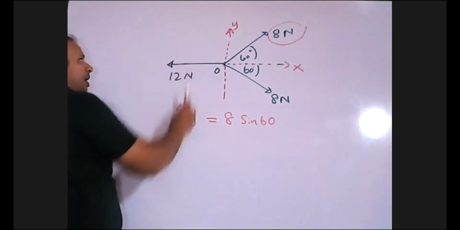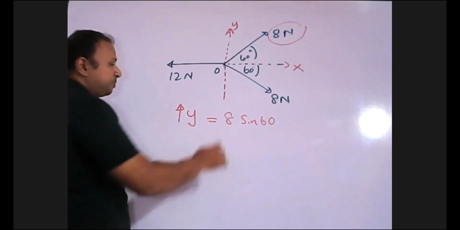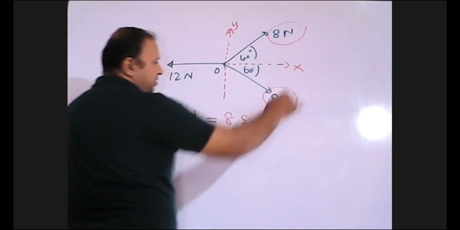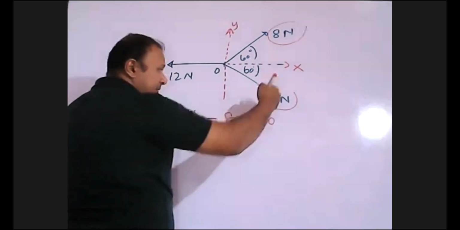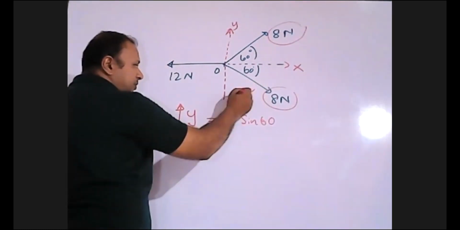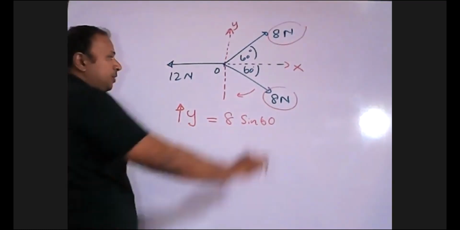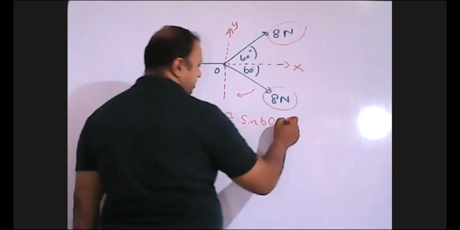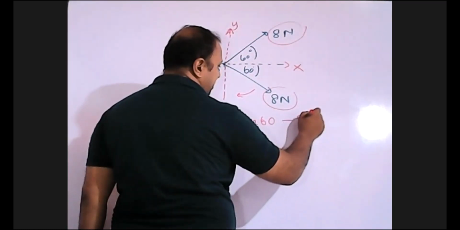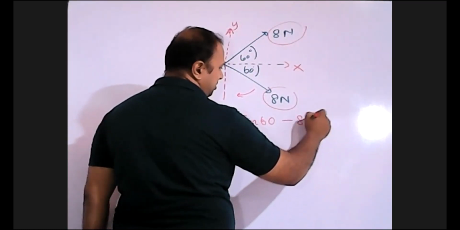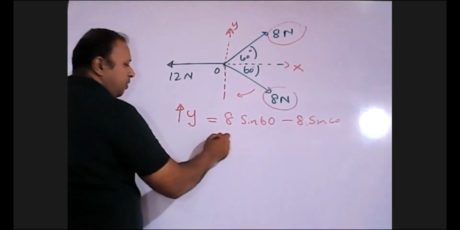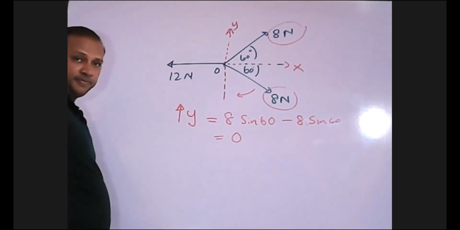It is in upward direction, so it is plus. The y component of the other force is in downward direction, so it is minus 8 sin 60. Therefore, the y component is equal to 0.